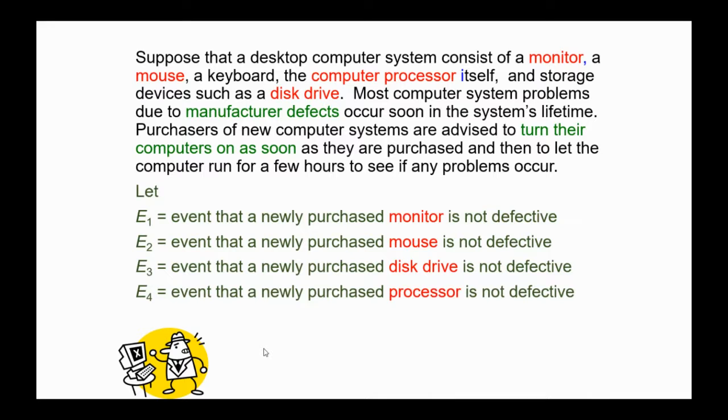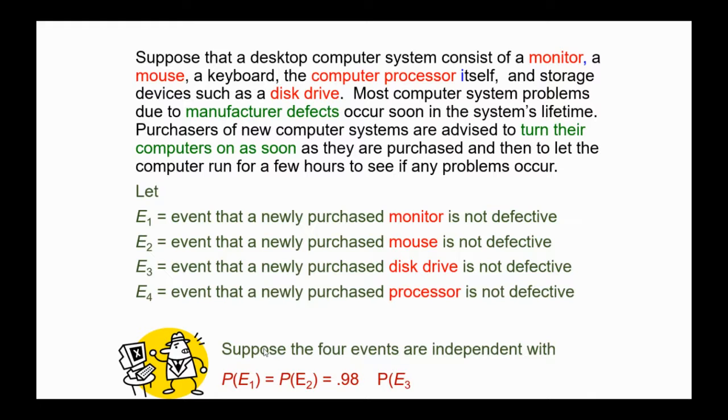And then E4 is the event that a newly purchased processor is not defective. So we're going to suppose that the four events are independent, where the probabilities of the first two are the same at 0.98. The probability of event 3 is 0.94, and the probability of event 4 is 0.99.